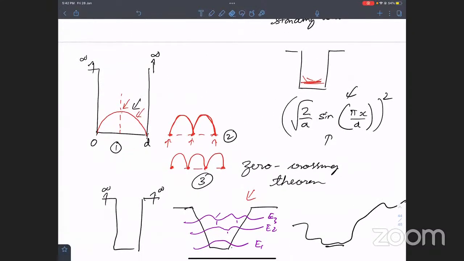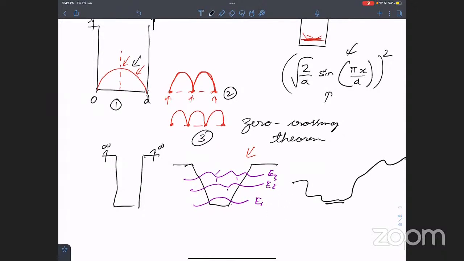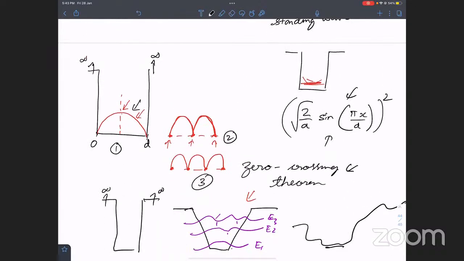You'll have energy eigenstates, but they'll be now functions in three-dimensional space. And they will also have this very nice pattern of zero crossings. So if you see something that has more zero crossings, you know that it must be a higher eigenstate. And yeah, if we get a time, we'll go into that. So it's very nice. But now I cannot answer that. So that is the zero crossing theorem. This is the idea.